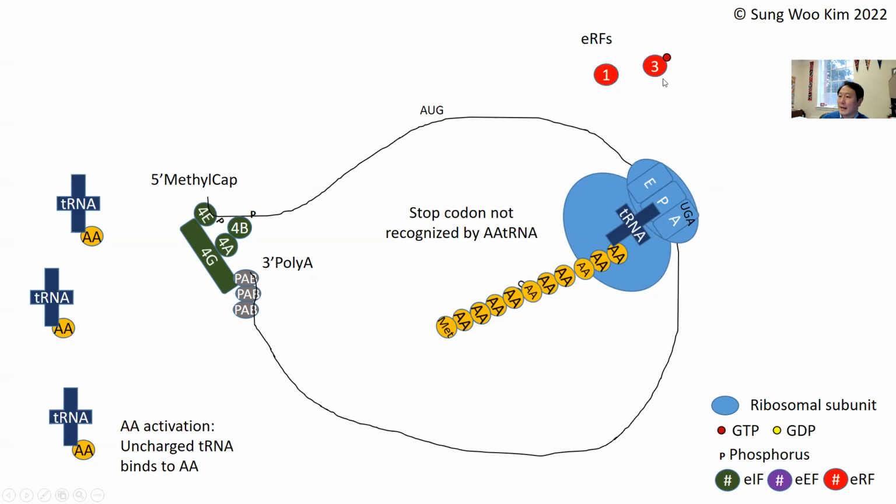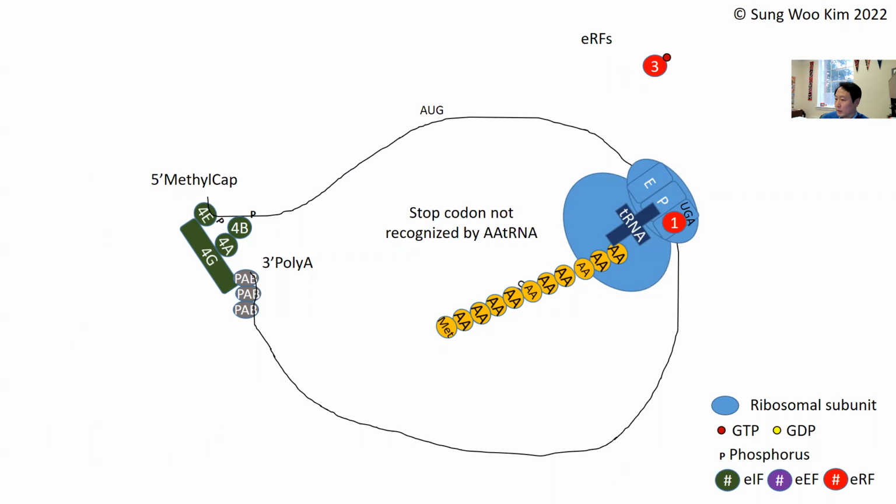And now I have something called a release factor, in other words, a termination factor. So eRF1 and eRF3 with a GTP. You can see that this process also needs energy.